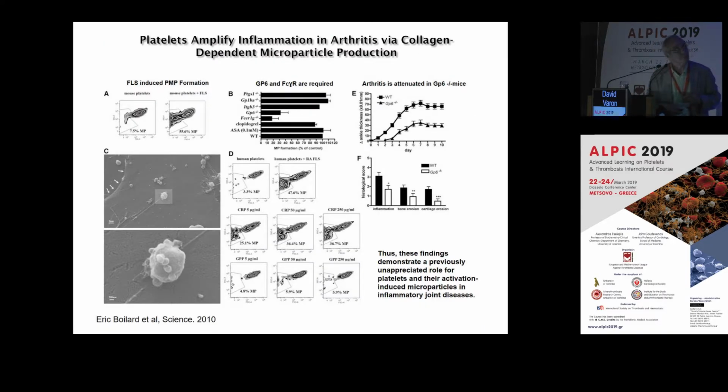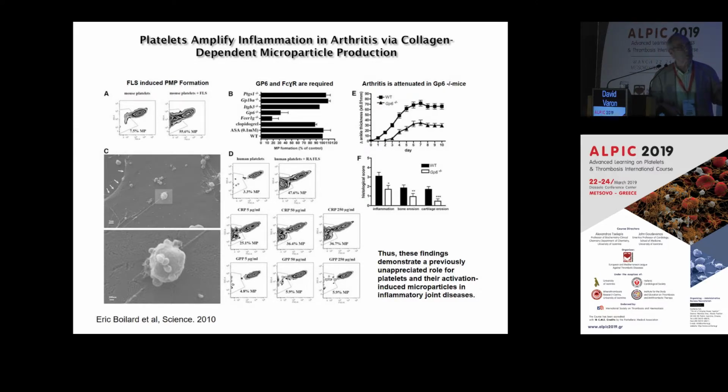Another encouraging work by Eric Boilard from Montreal shows very nicely that platelets amplify inflammation in arthritis via collagen-dependent microparticle production.